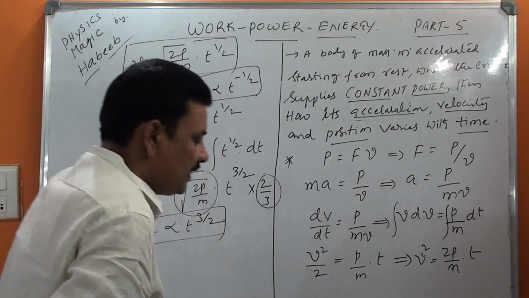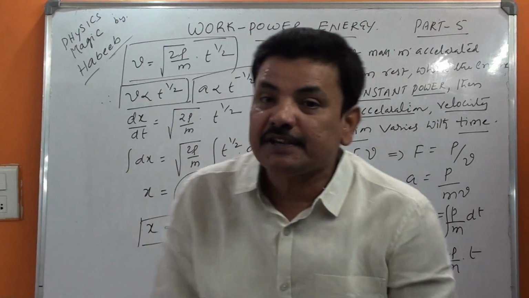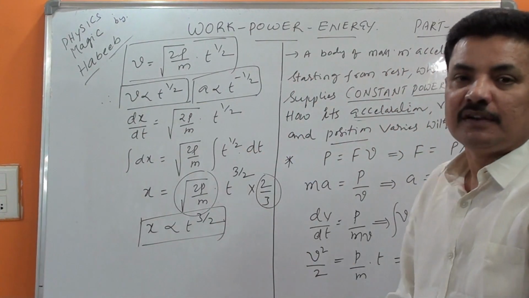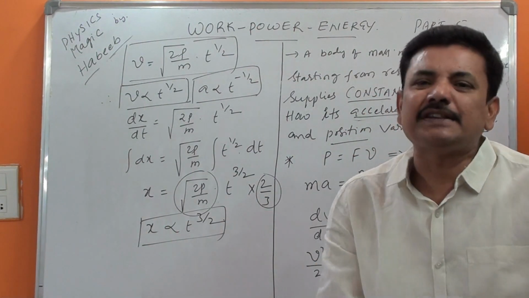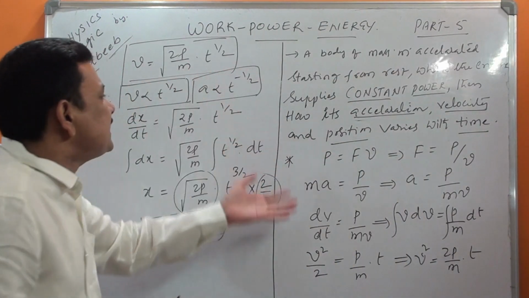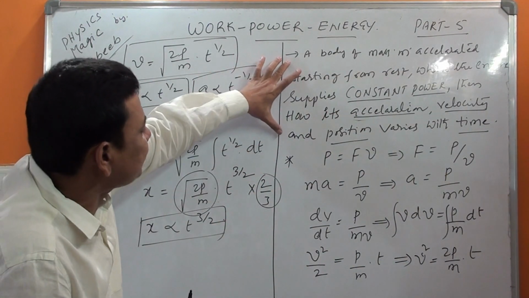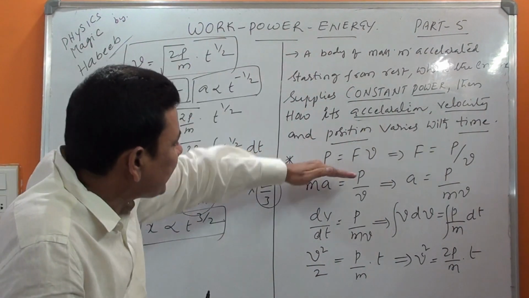We got all three relations: velocity, acceleration, and position. You are not supposed to do any derivation in the exam. Just remember these, because when this case is given, the question will come like this.